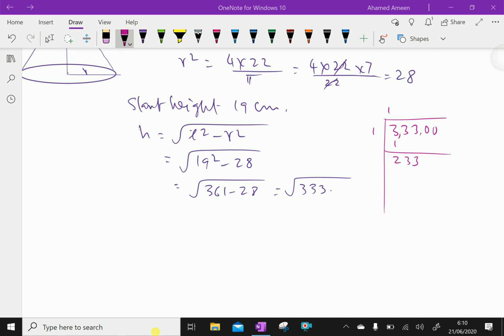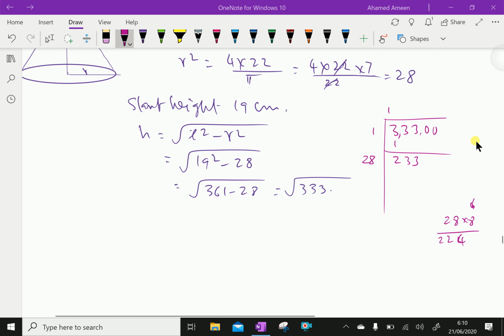After that, twice the 1 is 2. Add 8 here, try 28 into 8: 8 8s are 64, 8 2s are 16, plus 6 is 224. 224 is under 233. We can put 9? 29 into 9 would be more than 233.